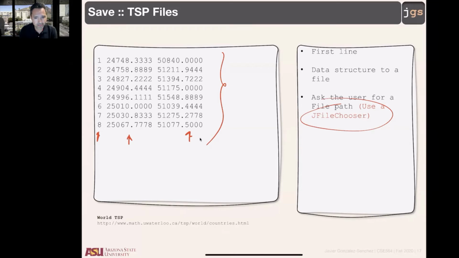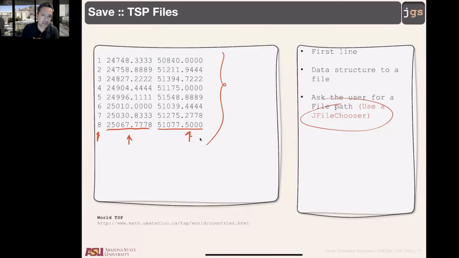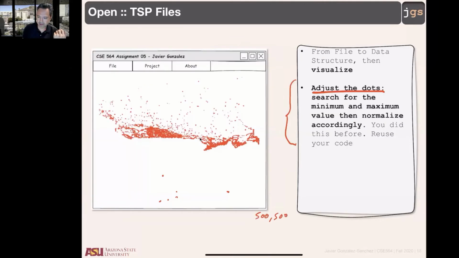Very good question. Here, I am showing you the example with the original numbers. My example is: I open this one, and when I save, I get this one, because I never change anything. But very good point. I am okay if instead of the original numbers, you save numbers that go from 0 to 500, like I mentioned before.